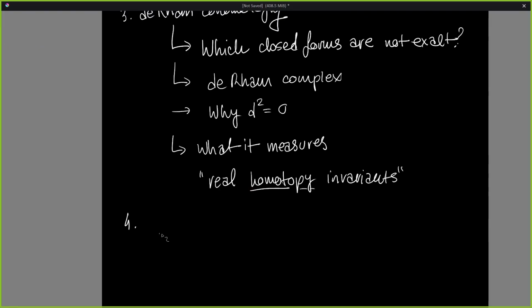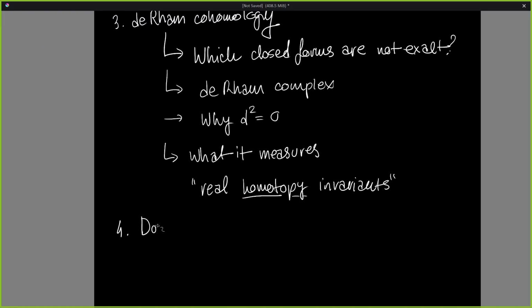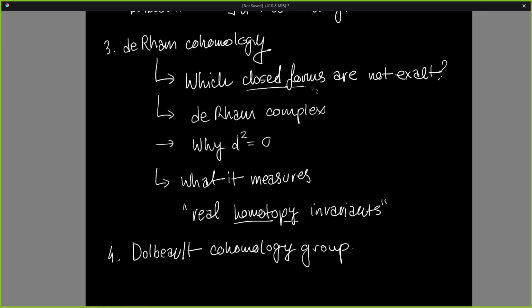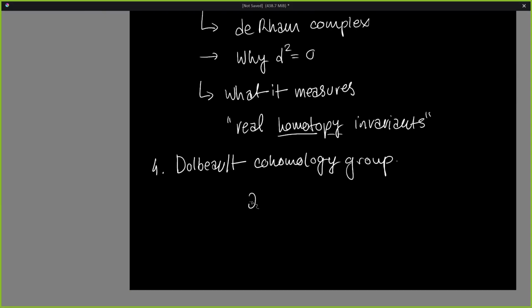So then we looked at the comparison with the Dolbeault cohomology group. We looked at the Dolbeault complex. We looked at how we replace closed forms and exact forms with partial bar closed forms and not partial bar exact.